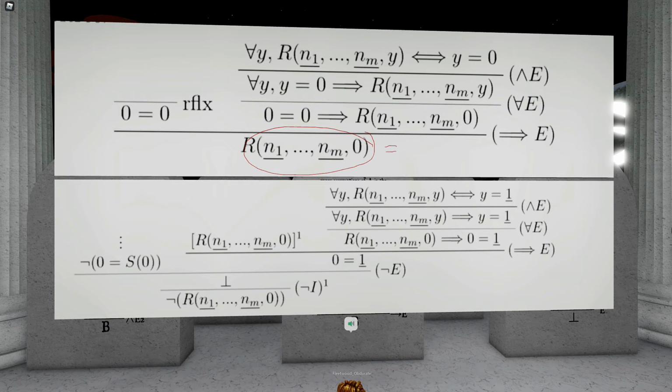So just remember that this is equal to r hat n1 underline up to nm underline, right? And so what this proof tree shows you is that Q can derive r hat of n1 underline up to nm underline, right? That's the first half of the proof complete, because this shows you that if n1 up to nm is an element of lowercase r, then Q can prove this formula. Nice and easy, right?